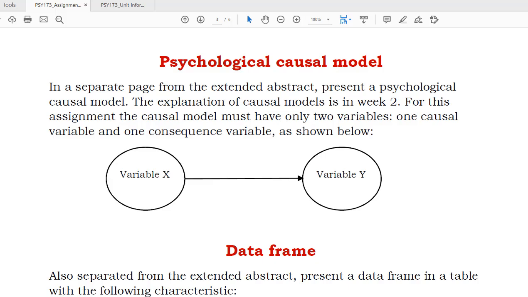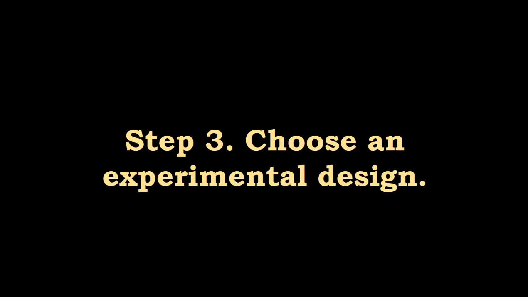So step 3. Choose an experimental design. And basically for this project it is going to be an experimental design in which you've got 2 groups, and one group will be the experimental group and the other group will be the control group.